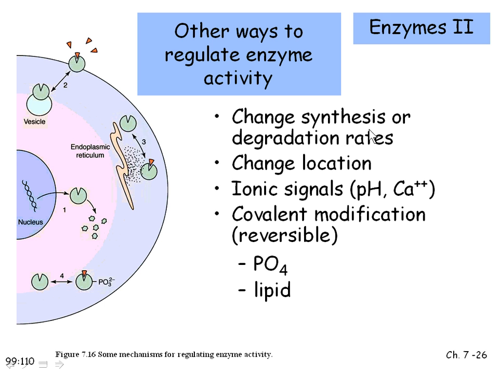We tend to be aware of synthetic rates. In recent years, we've become more appreciative that degradation rates are every bit as significant as synthesis rates, because it's the balance of the two that determines the steady state concentration. So anything that either increases synthesis or decreases degradation will overall raise levels. Anything that inhibits synthesis or raises degradation will lower levels overall.